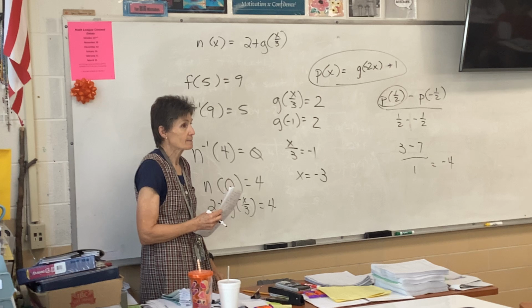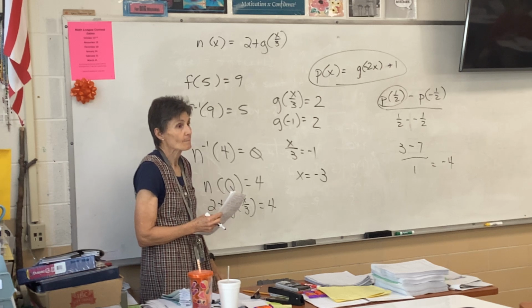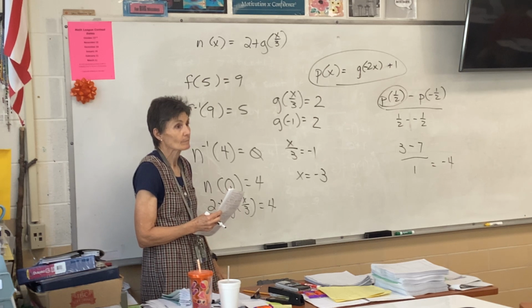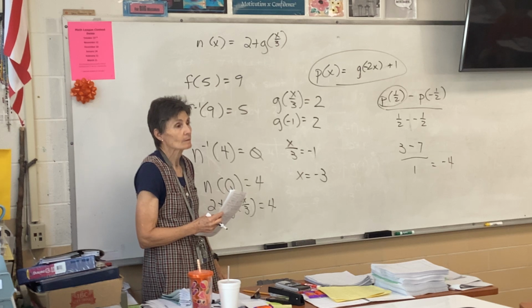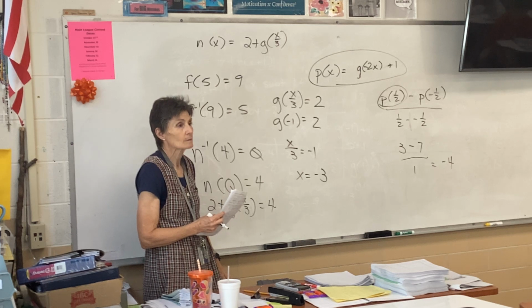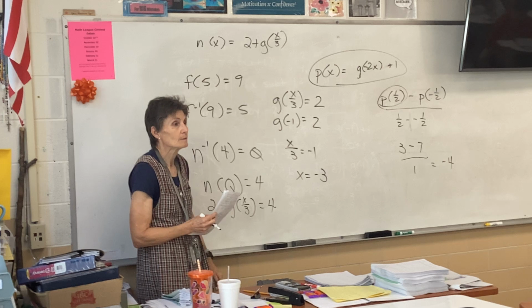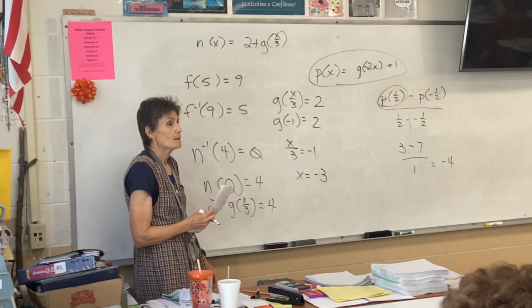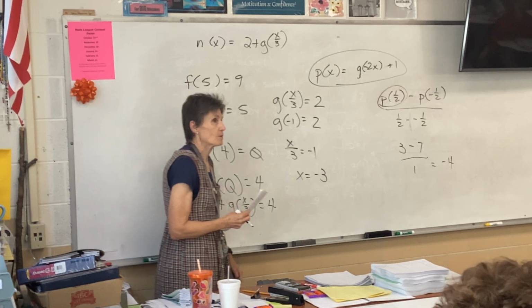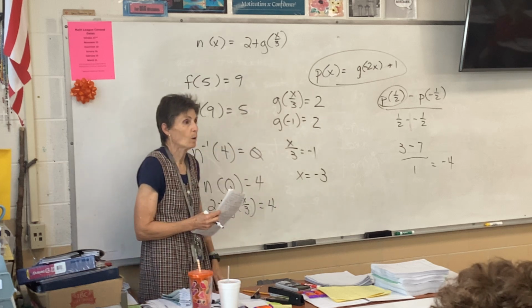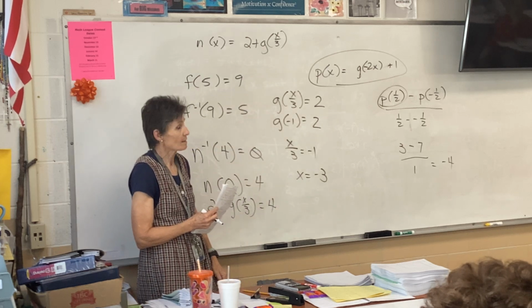All right, what else? With the stuff of, if it gives us a table and we need to write an equation for it, will it tell us, if it's not obvious, whether it's linear or quadratic, which one to use? It may not say linear or quadratic, but there will be some kind of clue.